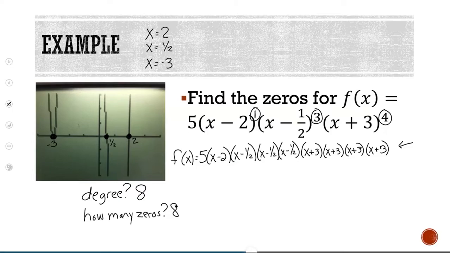Okay, so I have the x minus 2, which is going to give me that 2. Then I have 3 of these. So I actually have 3 1/2. Right? And then the negative 3 is coming out of this first one here. But I have 3 more.